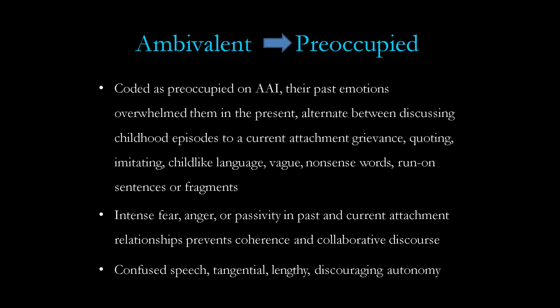They would alternate between discussing childhood episodes and discussing a current attachment grievance. They would quote, they would imitate, sometimes have childlike language or even vague nonsense words. There would be run-on sentences and fragments, and it would really pervade the transcript of the interview.